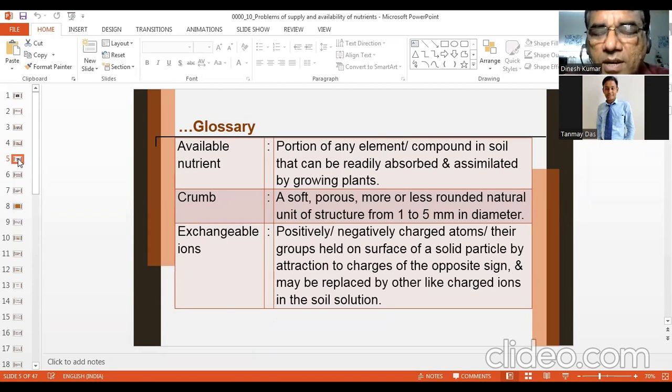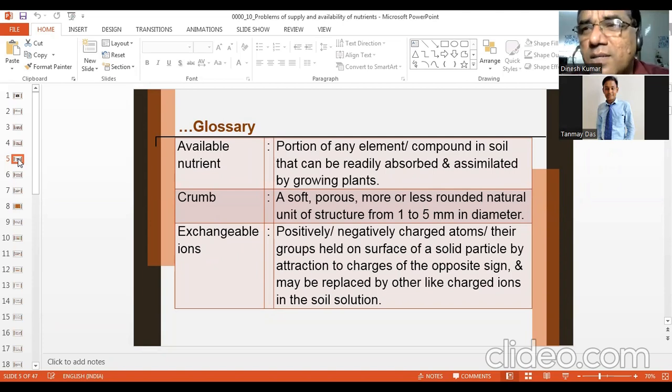Crumb is a kind of soil structure, a soft, porous, more or less rounded natural unit of structure from 1 to 5 millimeter in diameter. Exchangeable ions: positively or negatively charged atoms or groups held on surface of a solid particle by attraction to charges of the opposite sign and may be replaced by other like-charged ions in the soil solution.